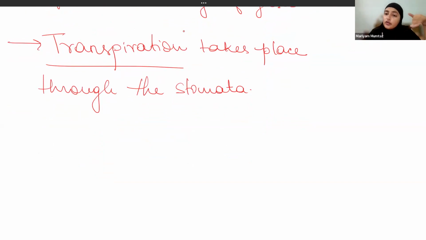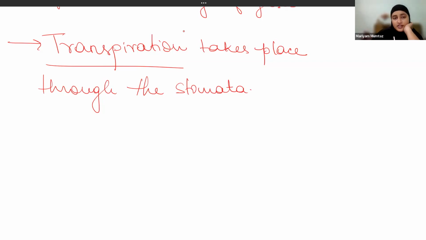But if a lot of transpiration takes place, then there will be water loss from the body. Even when we sweat a lot, isn't there water loss? We feel so thirsty, we feel dehydrated. The same thing happens in the case of plants also.